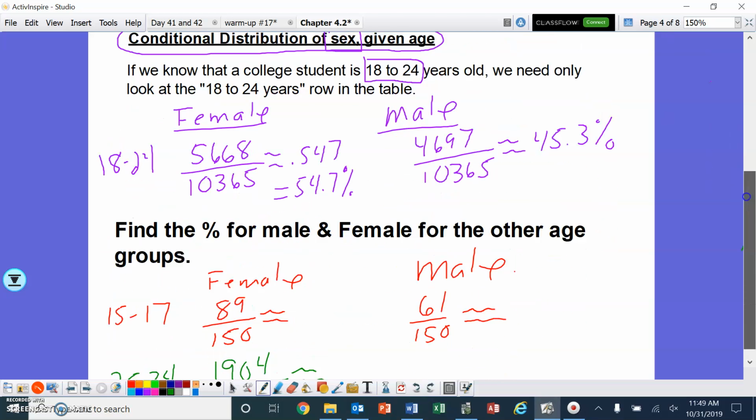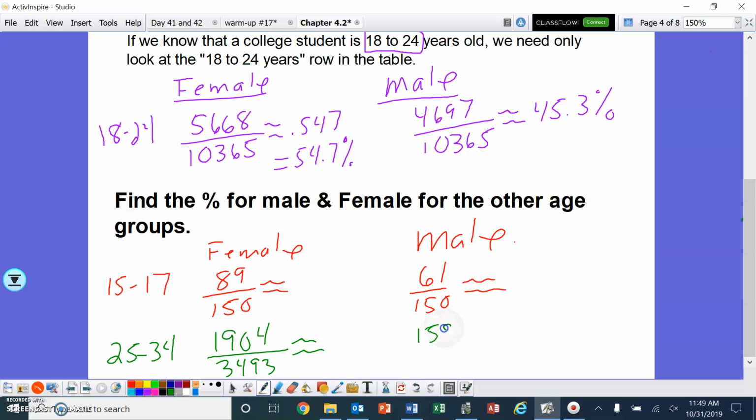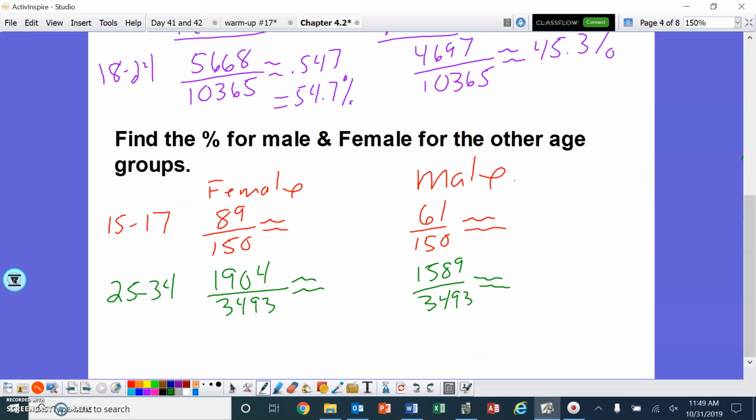And the 1589 divided by the 3493. Again, the condition is the age group, and we're looking at what is the percent for the male and female for each age group.